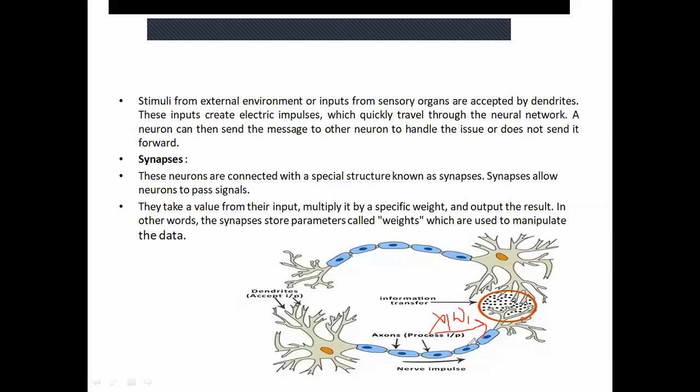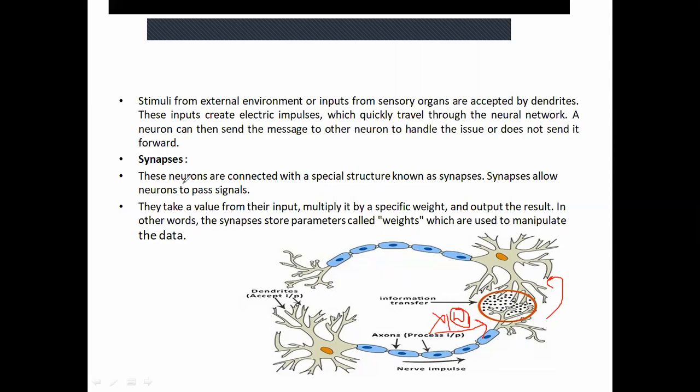If it is to be passed to another neuron, then this weight would be very high. But suppose this weight is 0, that means this input will also become 0. That means this signal will not be passed to the other neuron. So depending upon the importance of each input, some weights are added by these synapses.